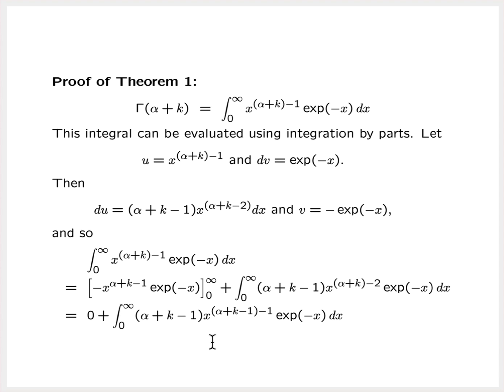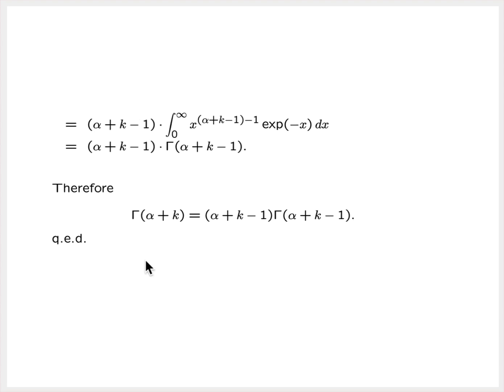Okay, and I'll tell you why we're going to do that in just a second. I will also point out that this quantity alpha plus k minus 1 does not depend on x, and so I can pull that out of the integral as I've done here. And now, let me explain why I rewrote alpha plus k minus 2 as alpha plus k minus 1 minus 1.